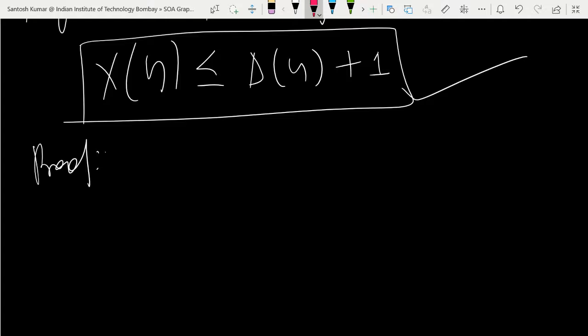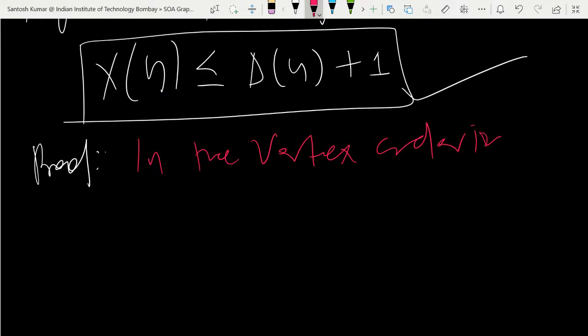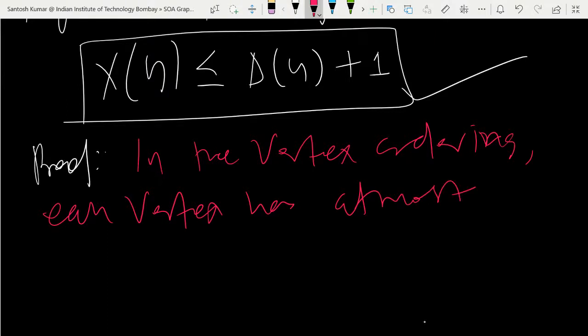So in the vertex ordering, you first order the vertices. Each vertex has at most delta G, where delta is the highest degree, the vertex with the maximum number of edges.